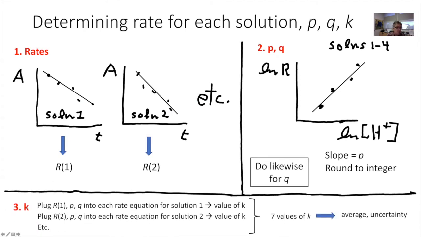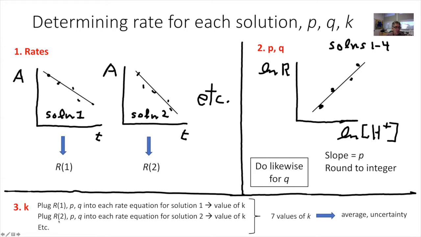Lastly, to get the rate constant K, for example for solution 1, you can plug the rate and the P and the Q into the rate equation, and from that you'll be able to deduce the value of K. You'll be able to do the same thing for solution 2. You'll get another value of K. In principle, they should be the same, but you'll have experimental error, so they won't be quite the same.